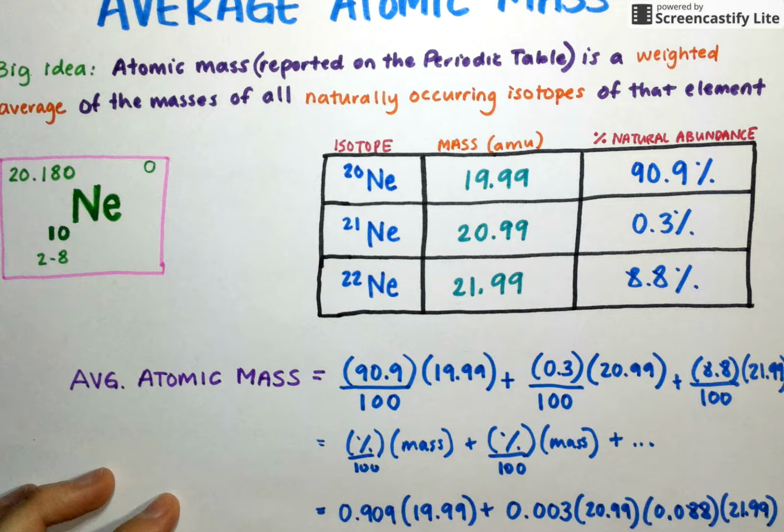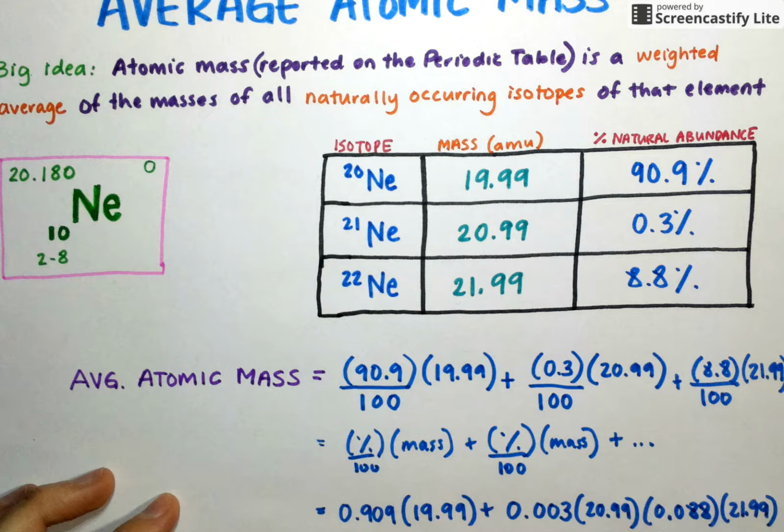Now you notice that doesn't precisely match what's given to you on the periodic table. That's probably because we've had some variation in our natural abundance, or maybe our measurements of mass in AMU aren't quite as precise as the measurements that were used to get this number. What I do notice, though, is that 20.17 is a heck of a lot closer to 20 than it is to either of the other two naturally occurring isotopes of neon. And what that tells us is that neon-20 is the most common or the most abundant isotope or form of neon.